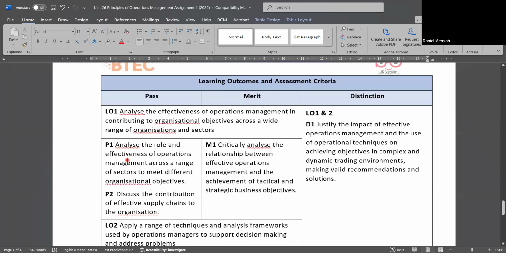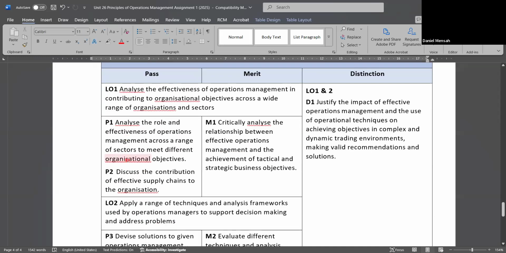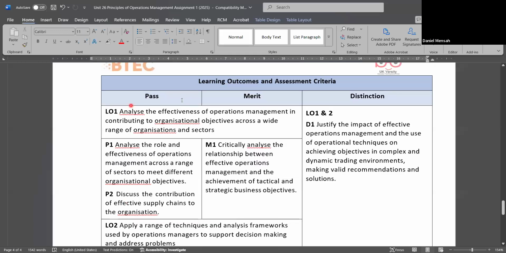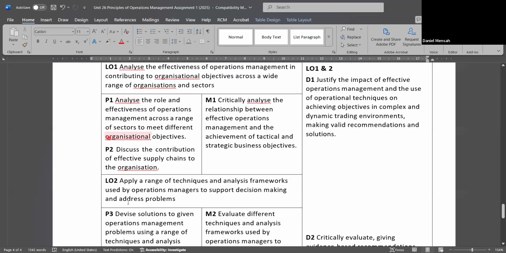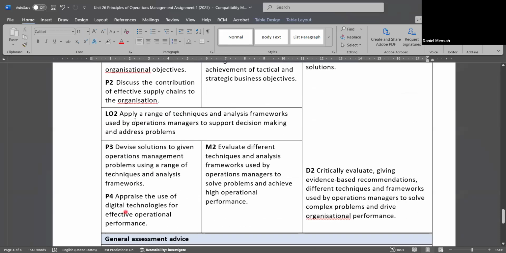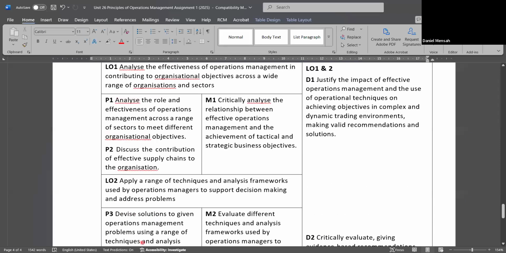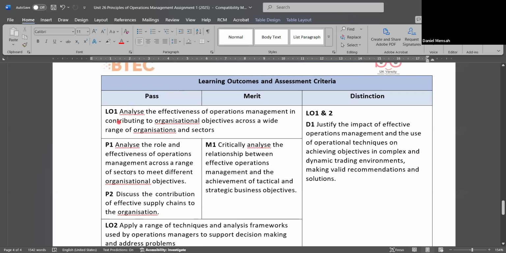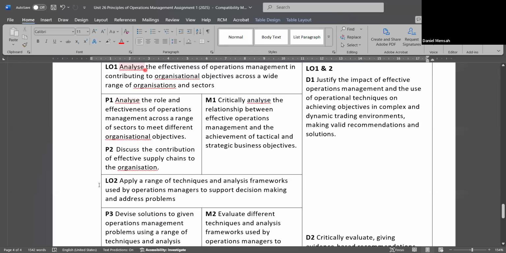If you want to achieve a pass, you need to meet the requirements of all these criteria, okay? So learning outcome one and learning outcome two are both included. These criteria are based on both learning outcomes.